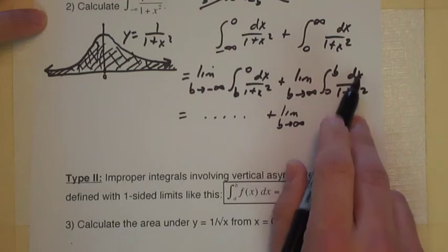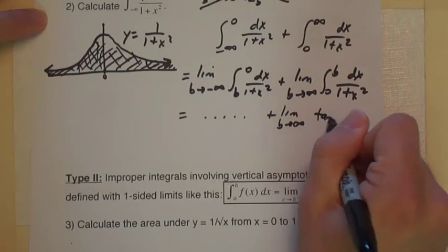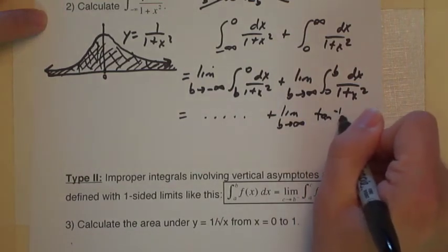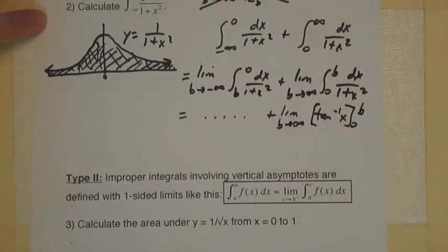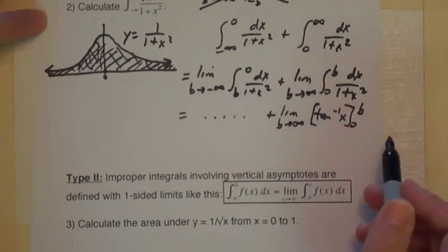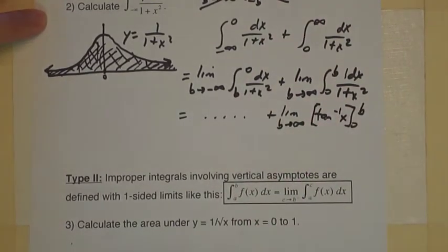The antiderivative here is the inverse tangent. If you didn't remember that, you have to memorize it. This is one of those special integrals. The antiderivative of 1 over 1 plus x squared is arctangent.